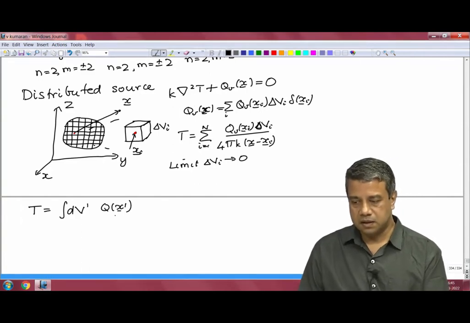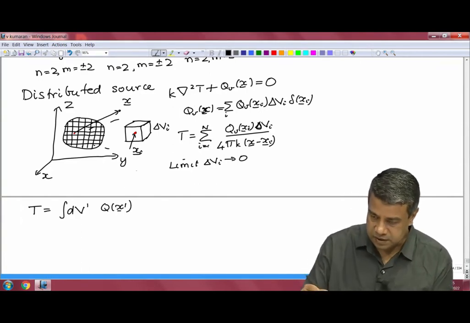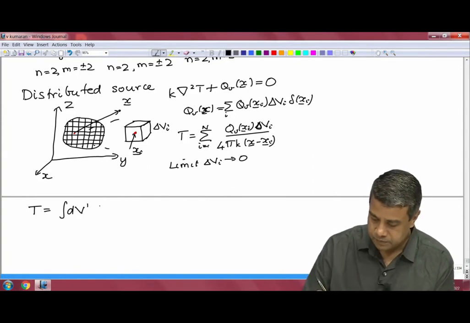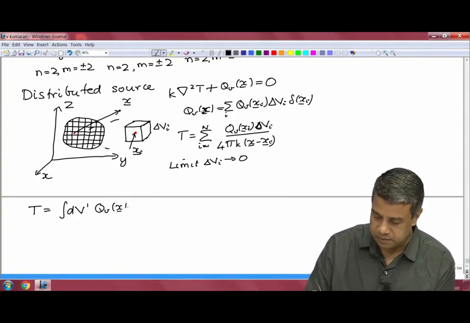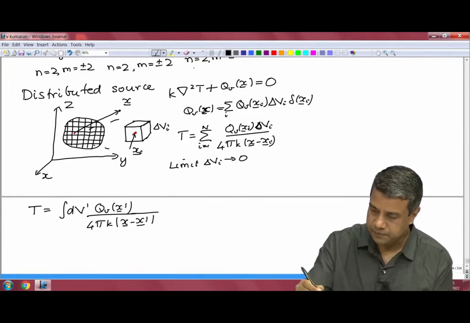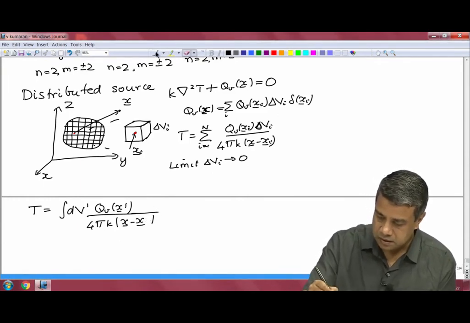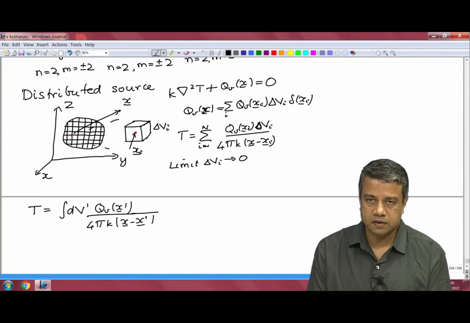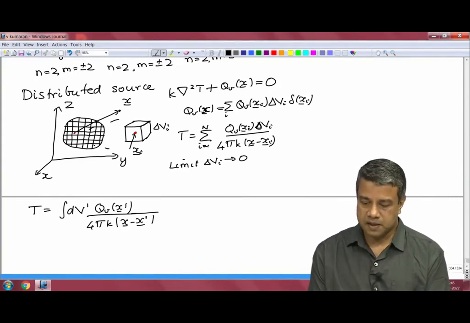Delta Vi times qv of xi can be written as the integral over dV prime of qv of x prime divided by 4 pi k into x minus x prime, integrated over the entire volume of the distributed volumetric source, where x prime and V prime refer to the source locations and x is the location of the observation point.